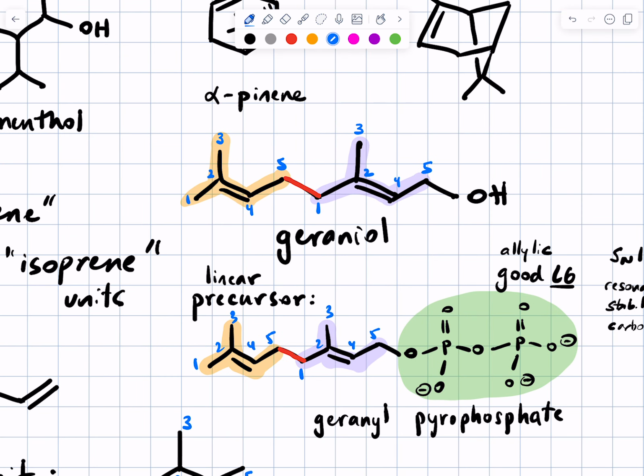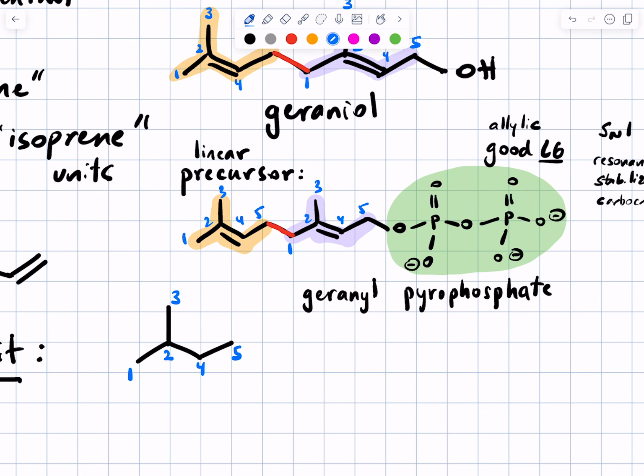Notice that in both geraniol and in this linear precursor, it's orange carbon 5 that's bonded to purple carbon 1. It's helpful just to introduce some terms to talk about terpenes and isoprene units in sort of head to tail fashion. So I'm going to call carbon 1 the head and carbon 5 the tail.